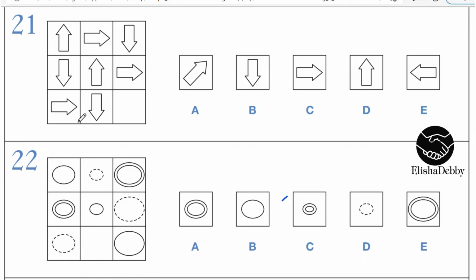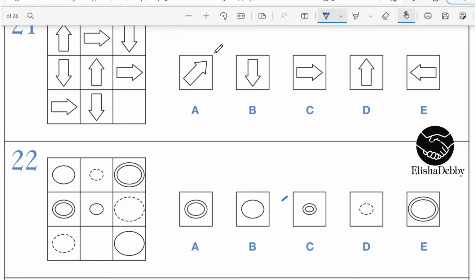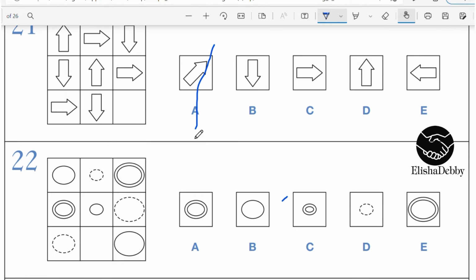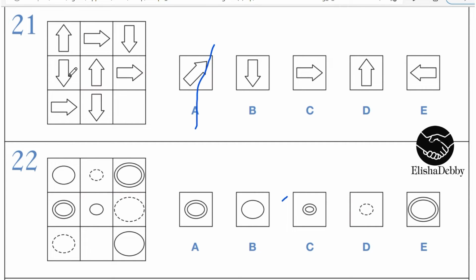So can we see anything? From here we can say it can't be A because they're all either going up or down or side to side. I can see this to this, this to this, and this to this.